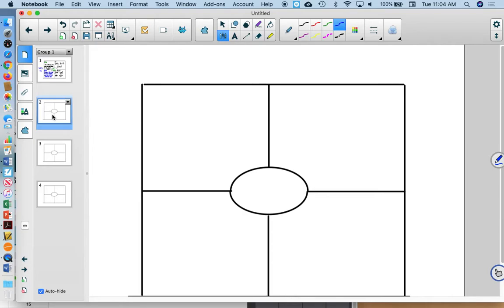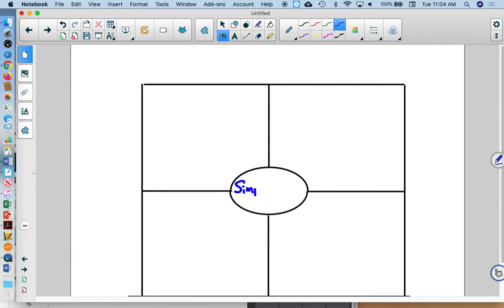Let's do another one. I'm thinking of what we've done so far. We've talked about putting things in simplest form. I'm going to write my def out here.